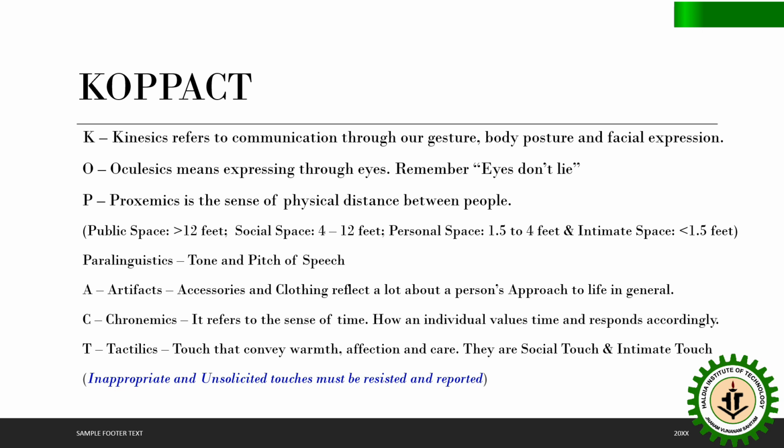Proxemics. P stands for proxemics. It is about a sense of a person's physical distance. And so we have public space, that is, maintenance of public space. In a public sphere, a space of more than 12 feet is expected.